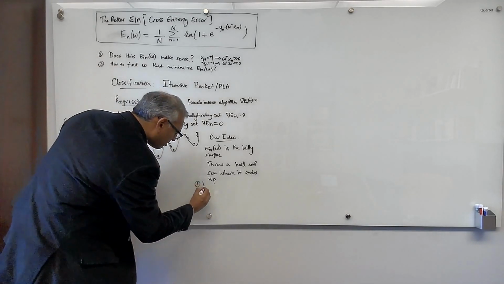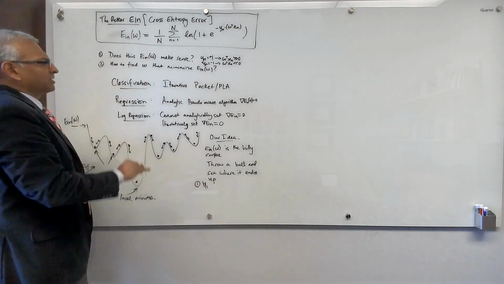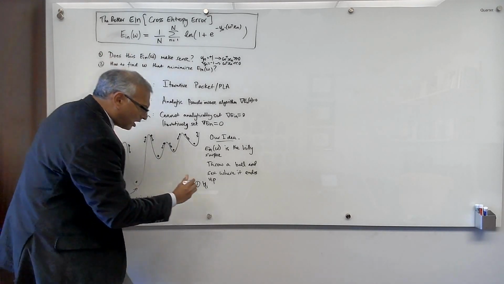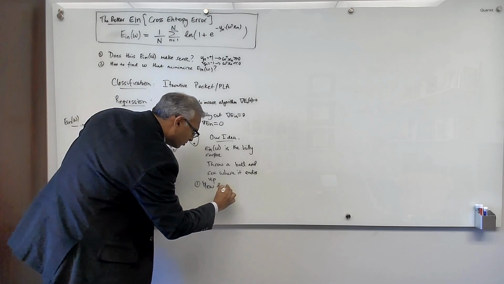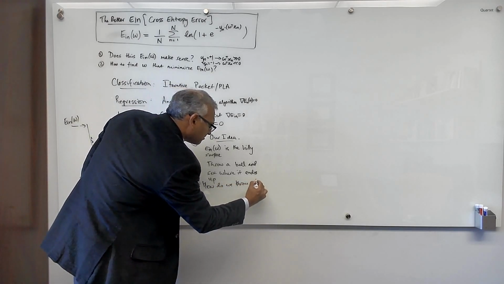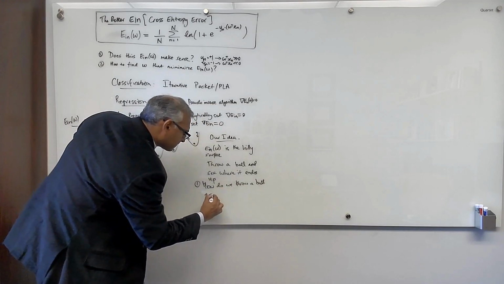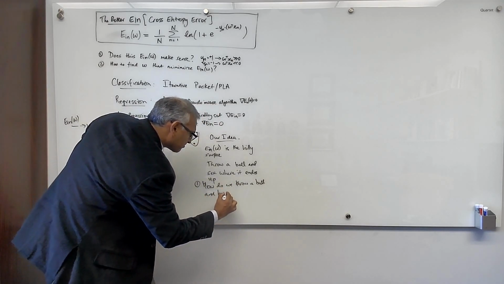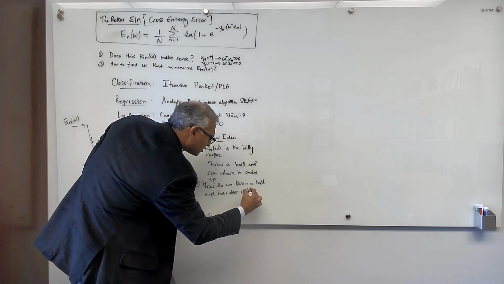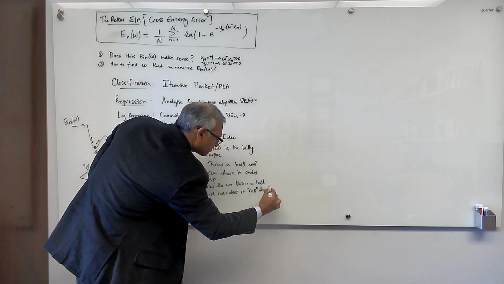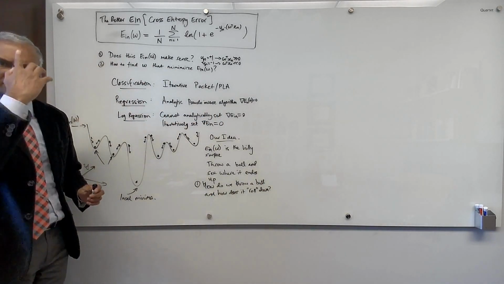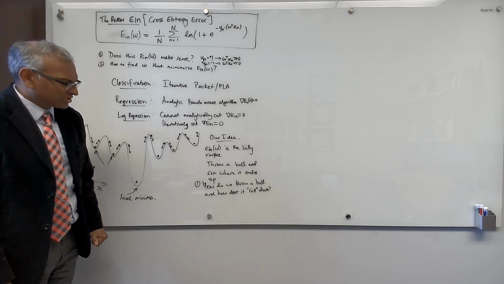But in this abstract terrain where the hills are defined by my E in of W, how do we throw a ball, and how does it roll down? How do we throw the ball and how does it roll down? That's the first question.